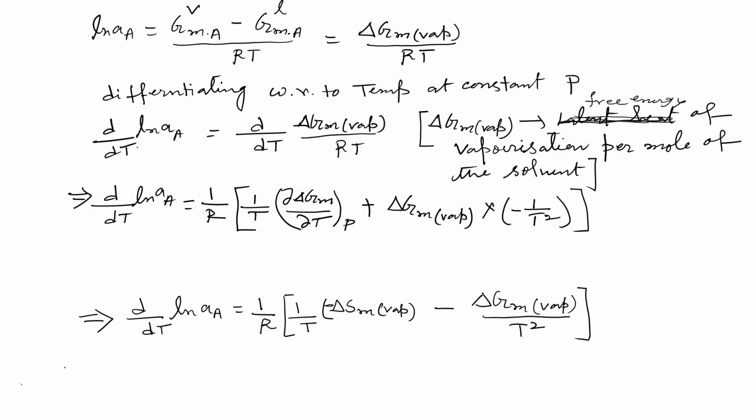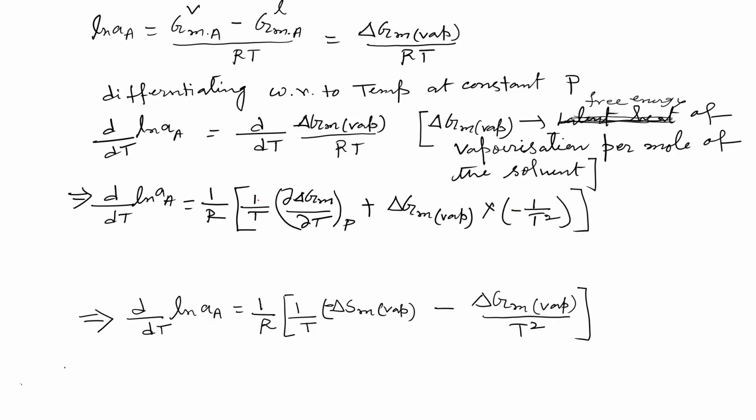Now if you differentiate this, d/dT of ln activity of A is equal to 1 by R, taking R to this side. Now there are two terms: one is 1 by T and another is delta Gm vaporization. How to differentiate? First function 1 by T times the differentiation of the second, that is the partial of delta Gm by partial T at constant pressure, plus the second function, delta Gm vaporization, times the differentiation of the first.